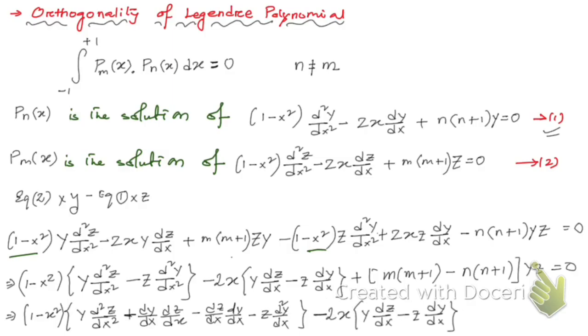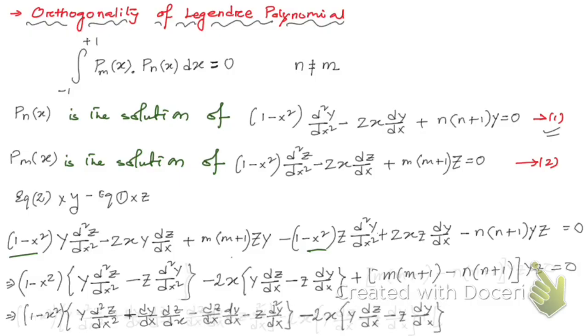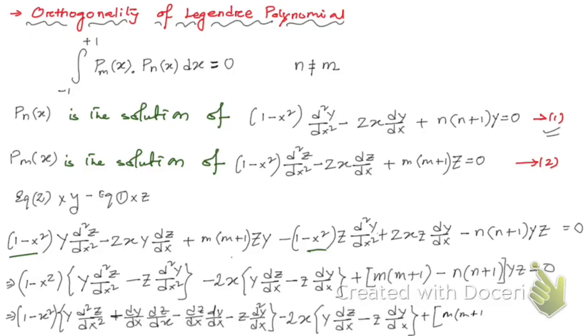Then let me rearrange these terms so that I have enough space here. m into m plus 1, let me multiply this: m square plus m minus n square minus n, right? That's what we're going to have.